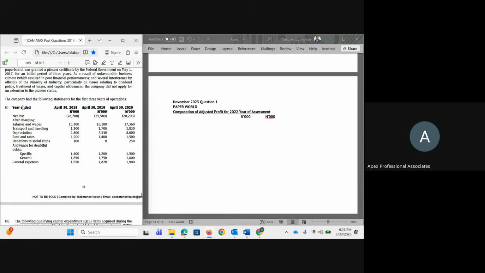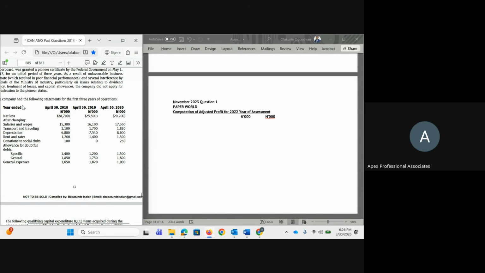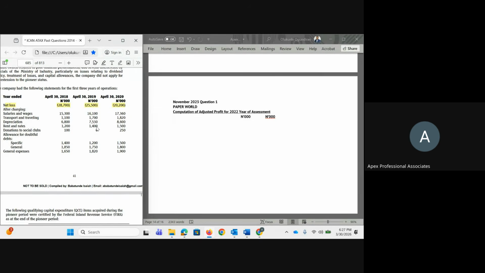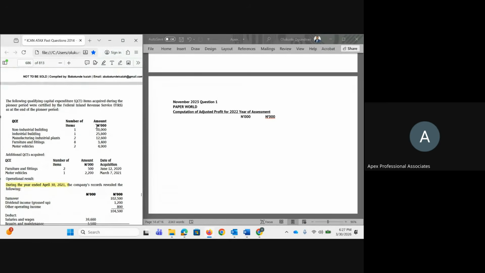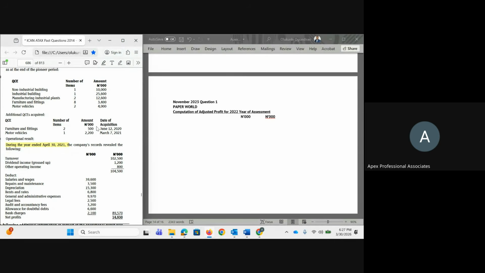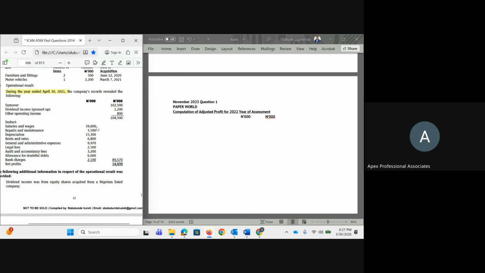Net loss. By virtue of their loss-making position, this period becomes relevant, right? But if it were to be profit, it is ignored. But the losses, I have to go and check again and see if the loss was the actual loss. But that's just to explain why I use the words most relevant.